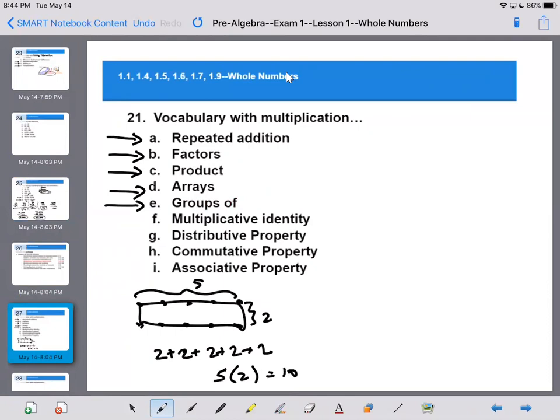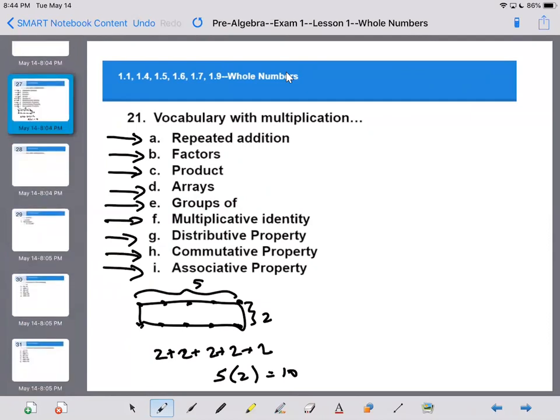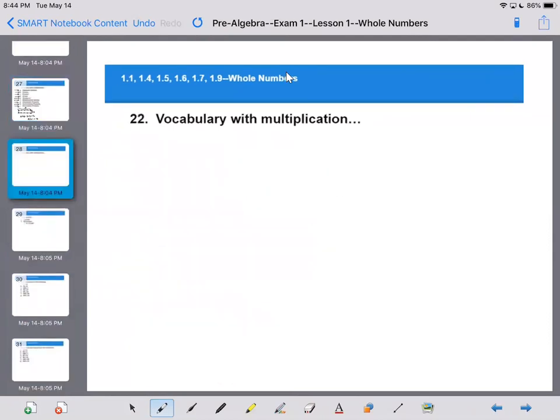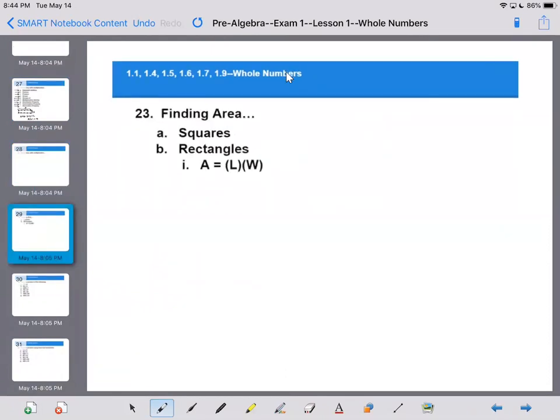So you'll hear us use the multiplicative identity, distributive property, commutative property, associative property, dealing with multiplication. Finding area when we're dealing with squares and rectangles.